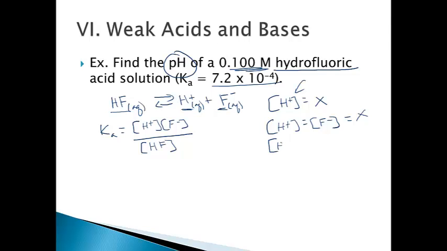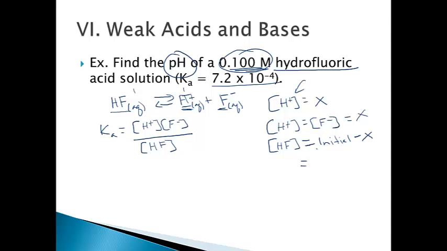Now the HF concentration after it's done breaking up is equal to the initial concentration, which is the amount of the acid that was in the solution, minus the amount that breaks up. Now 1 mole gives you 1 mole. So we're creating X. That means you lose X, not 2X, just X, just a 1-to-1 ratio.